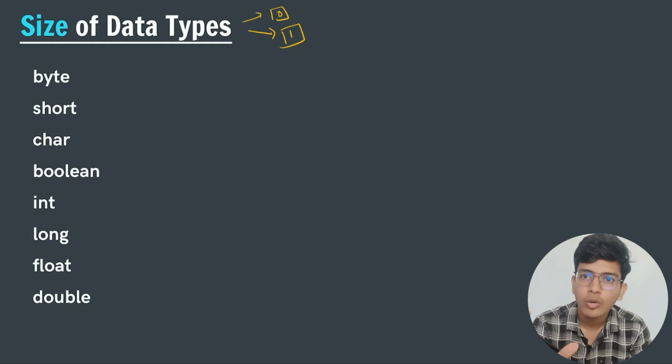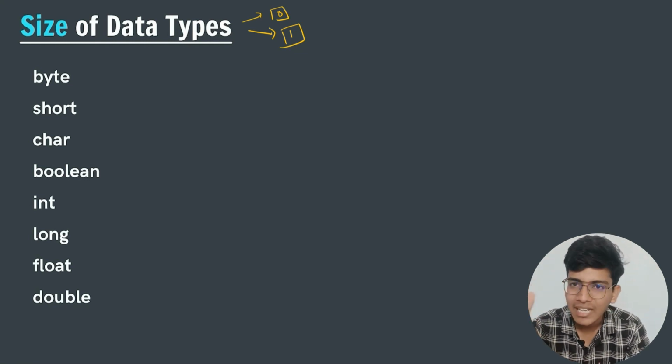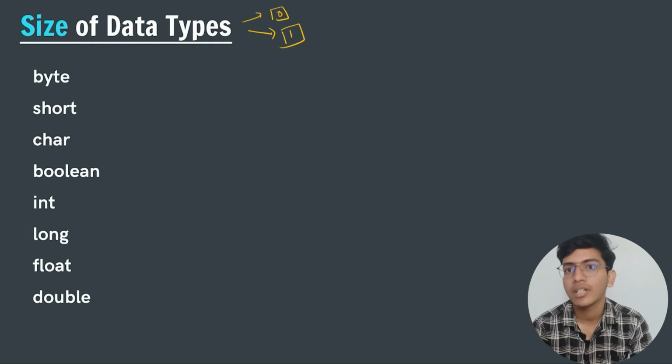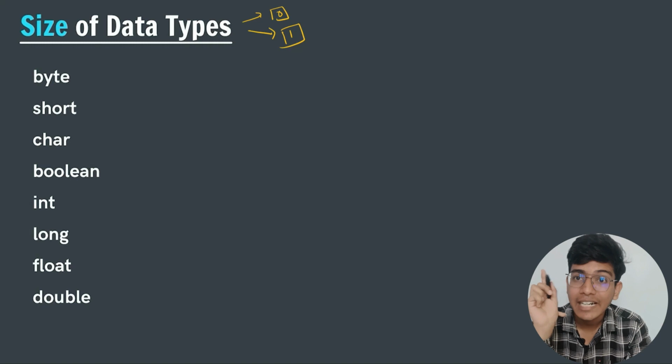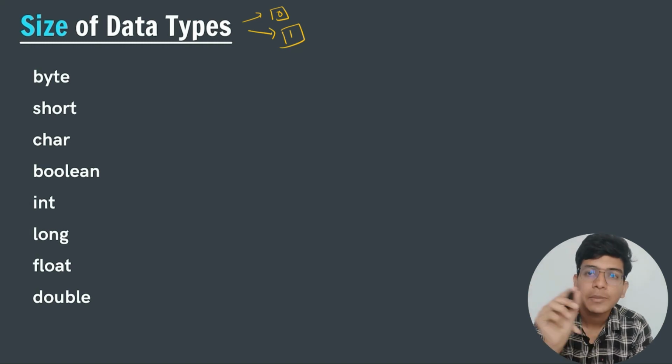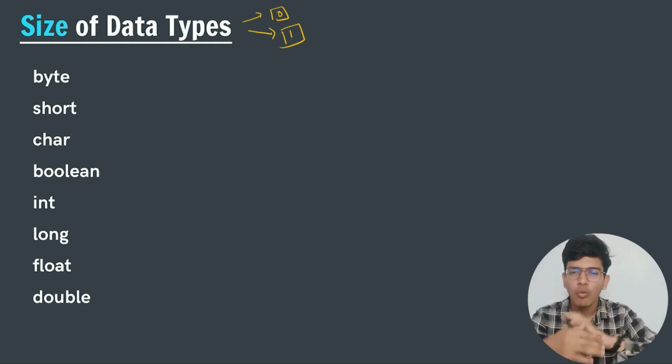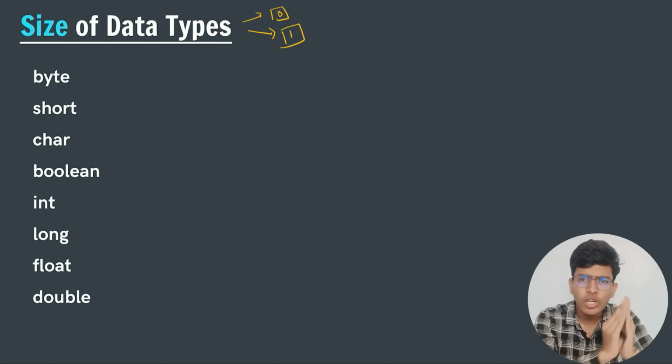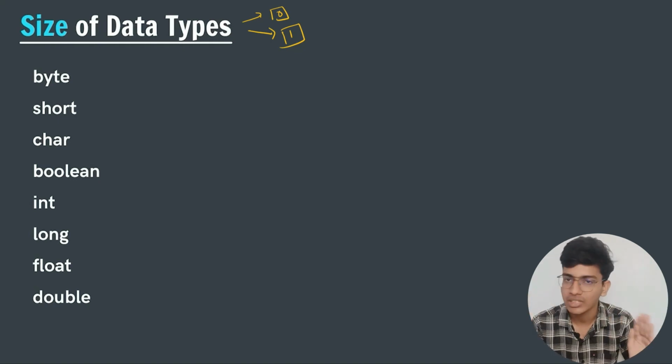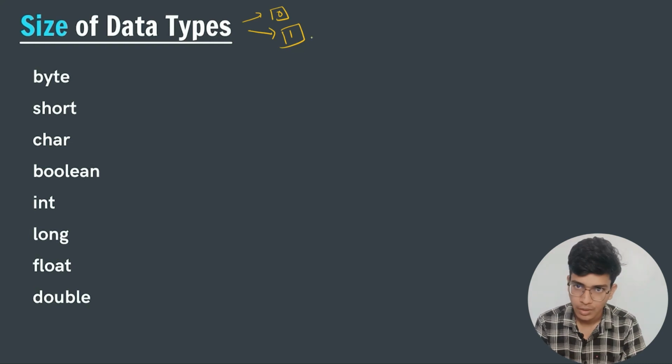Whatever code we are writing, suppose I am clicking a photo or shooting a video right now, all this data will get converted into machine language, and that machine language is known as the binary number system. Whatever the data is, it will be stored in the form of zeros and ones, right? In a combination of zeros and ones, and that number system is known as the binary number system, right?